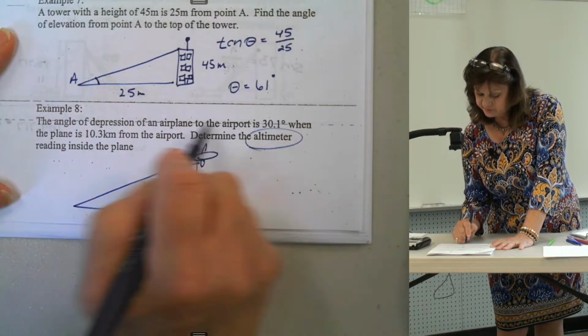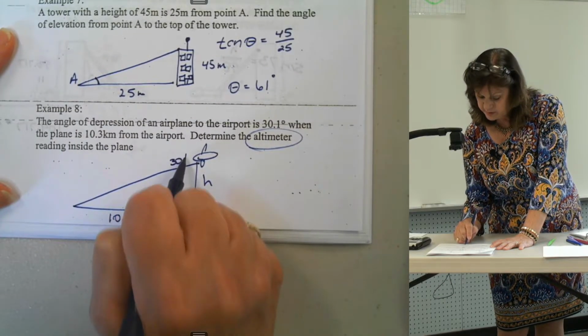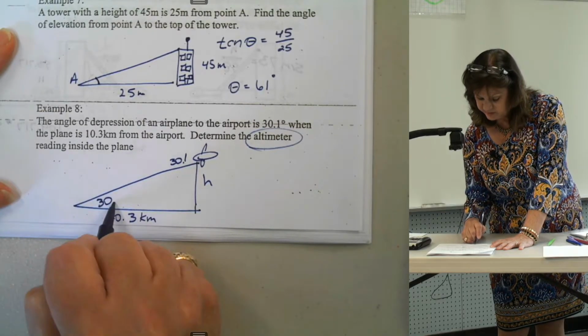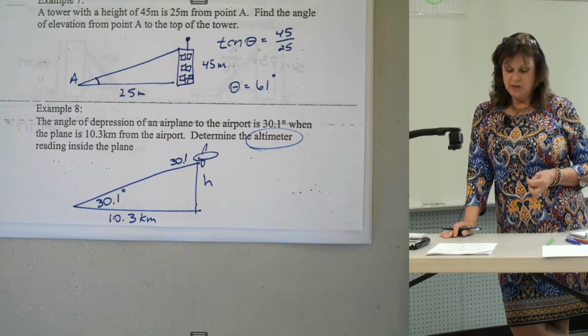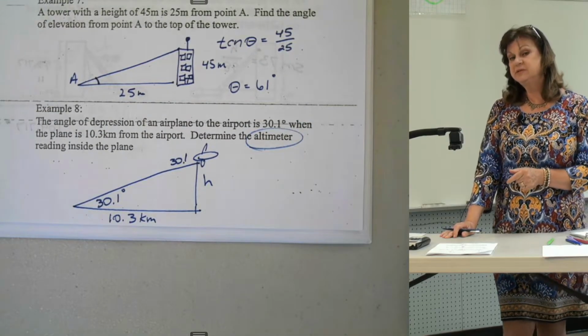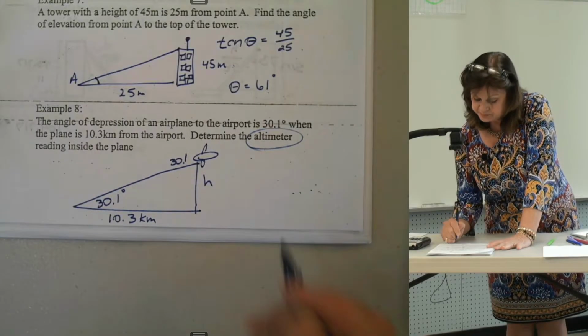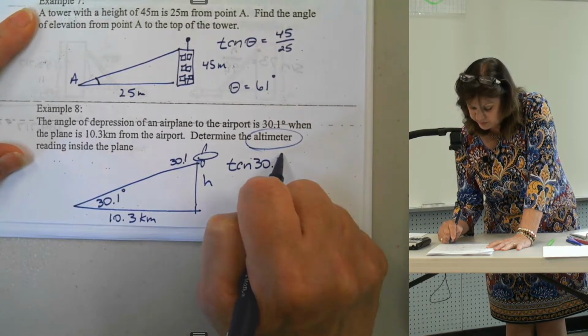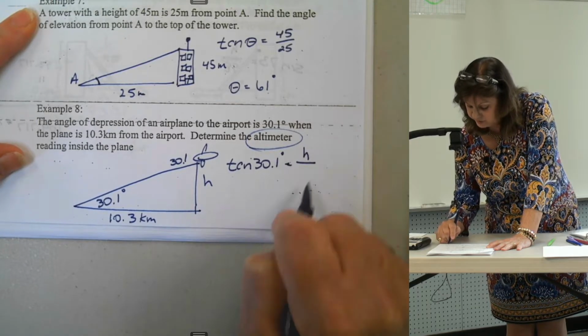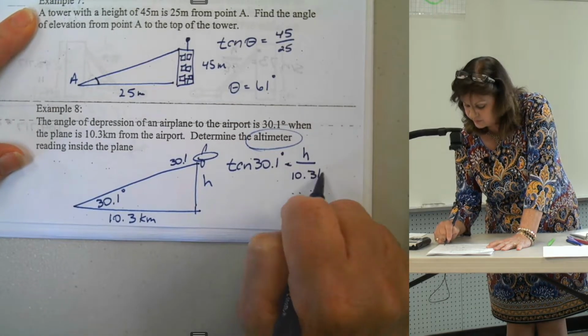And we have an angle of depression of 30.1, which means we have an angle of elevation of 30.1. I have an angle, I need opposite, and I have adjacent. The tangent of 30.1 degrees is the altimeter reading divided by 10.3 kilometers.